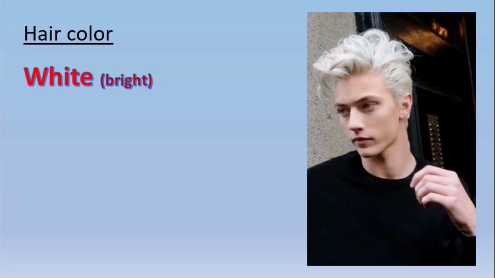White. He has white hair. His hair is white. White is a bright color, so we could say he has bright white hair, or his hair is bright white. Let's put it together now.